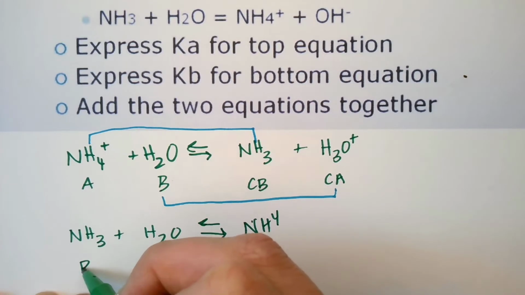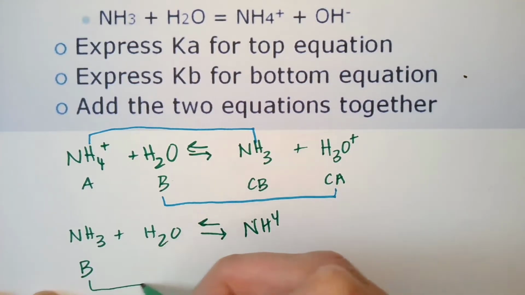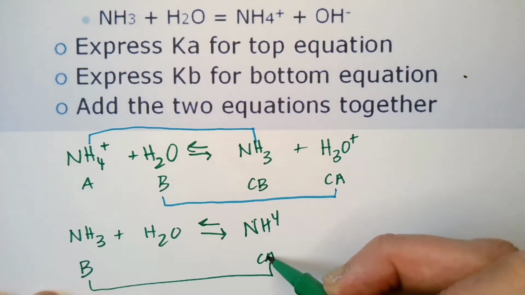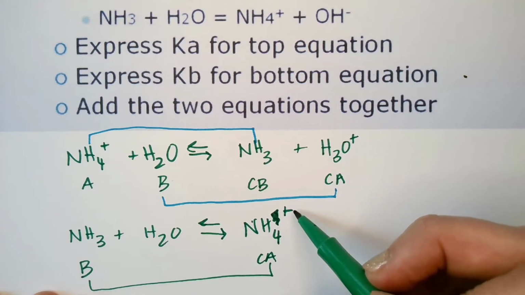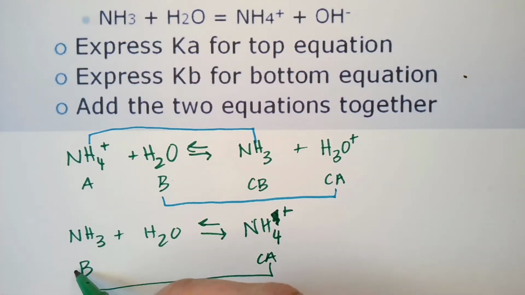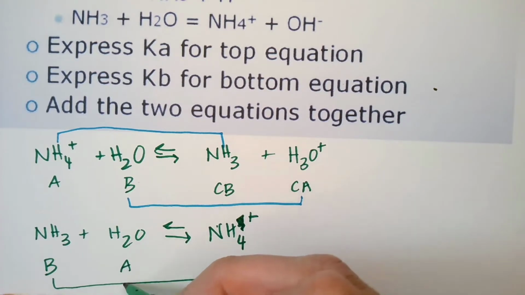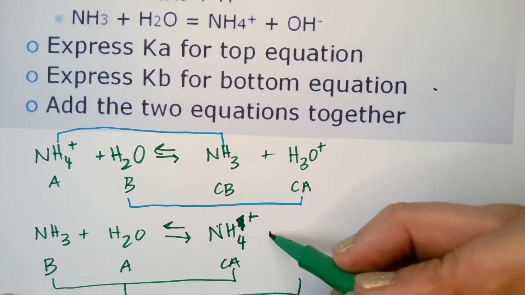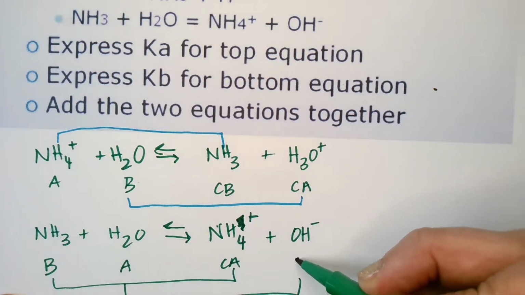Here I've got my base, because this is my conjugate acid, NH4 plus. I have more hydrogens over here, so this has got to be the acid, therefore this is the base. So my water has got to be my acid, and OH negative is my conjugate base.